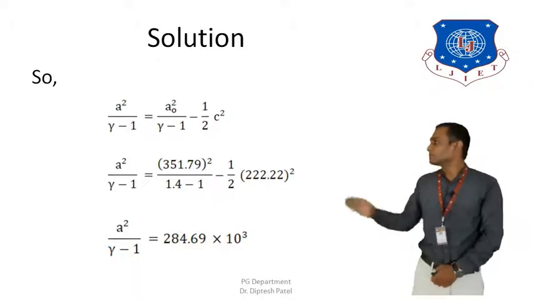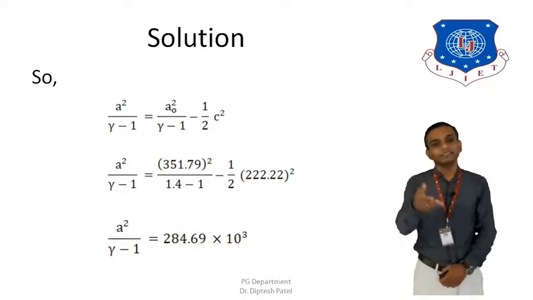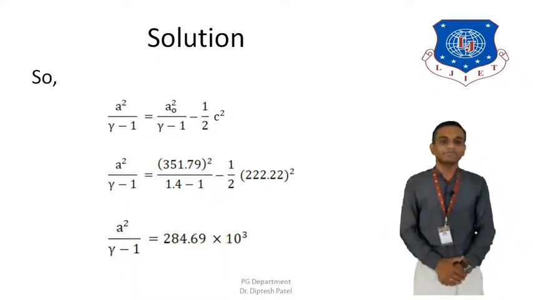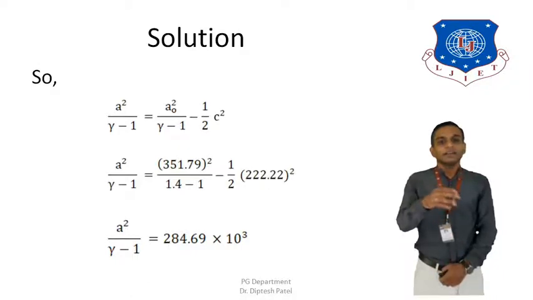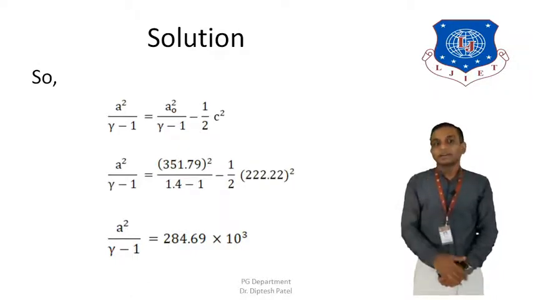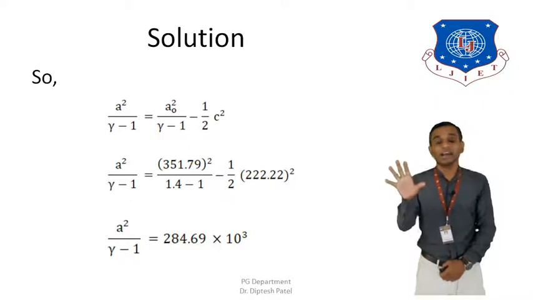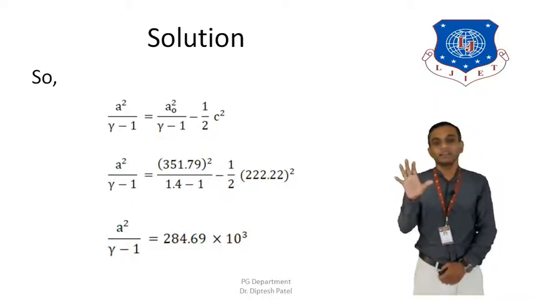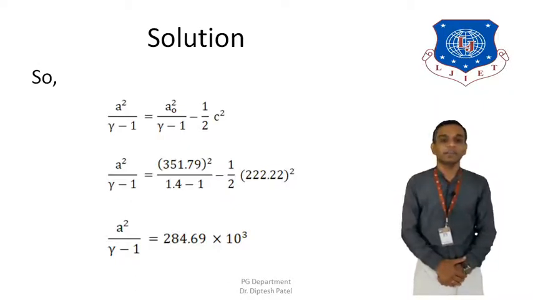Then I'm going to calculate the value which I have put over there. So a square upon gamma minus 1 is equal to 284.69 into 10 raised to 3.